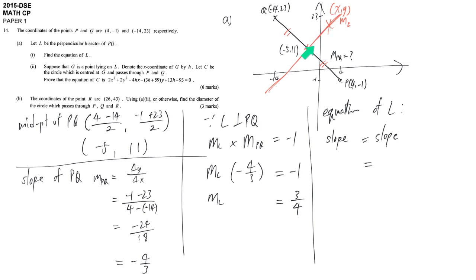On the left hand side, we use 2 points to find the slope: (y minus 11) over (x plus 5). And on the right hand side, we just use the slope that we already found, which is 3 over 4. So just tidy up.